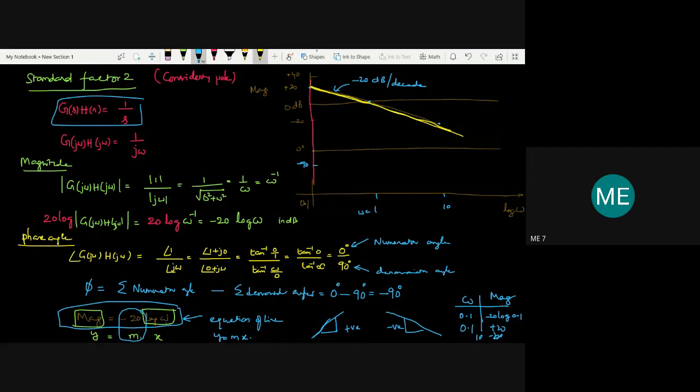So phase angle is represented as a constant line of minus 90 degrees for any value of omega. This is for one pole at origin.